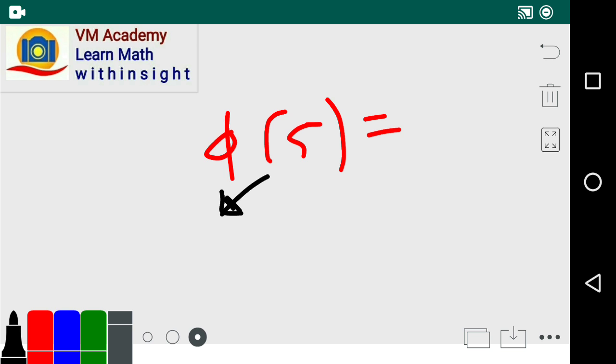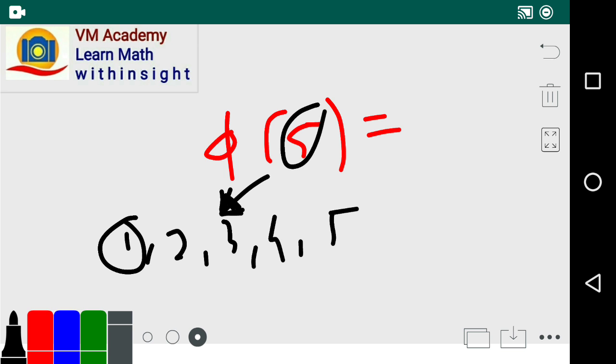Co-prime means numbers that do not share any prime factor with 5. Out of 1, 2, 3, 4, 5: 1 and 5 have no common prime factor, 2 and 5 also none, 3 and 5 none, 4 and 5 none. So 1, 2, 3 and 4 are relatively prime to 5, and 5 and 5 share factors. So there are 4.